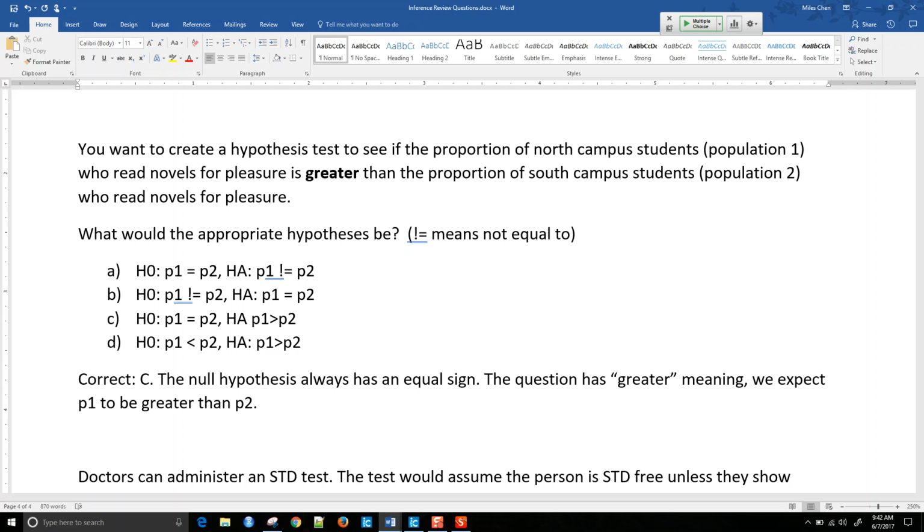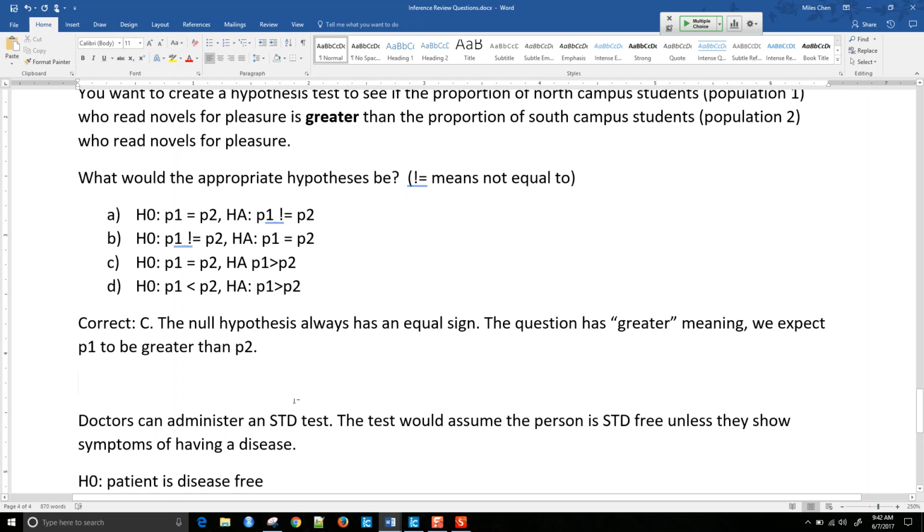That's what we're testing for. So we're going to use answer choice C for our hypotheses.